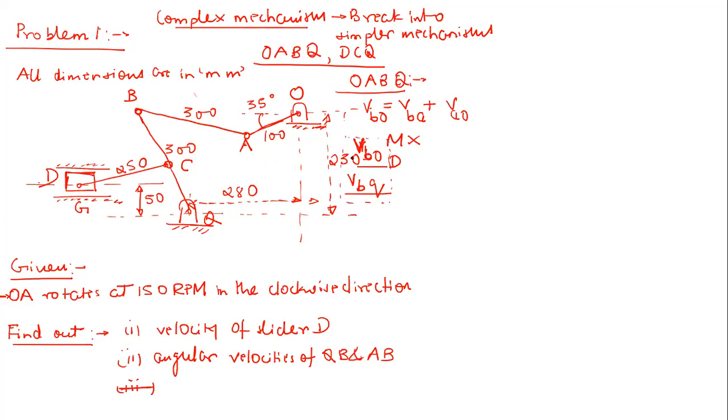We can replace this velocity of B with respect to O by velocity of B with respect to Q, right? Because it doesn't matter, O and Q are both fixed points. So now is it known in direction or not? So this VBQ, is it known in direction? Perpendicular to BQ. Right? So that means it is known in direction, correct?